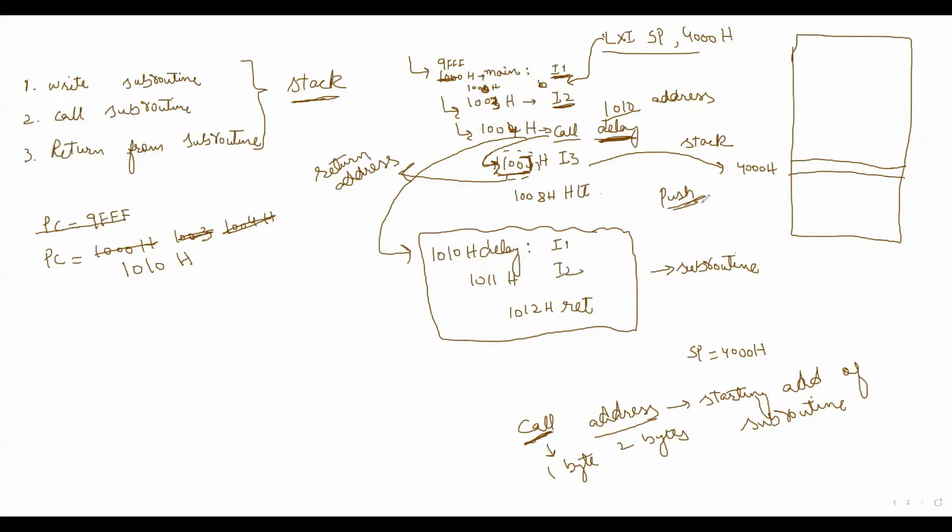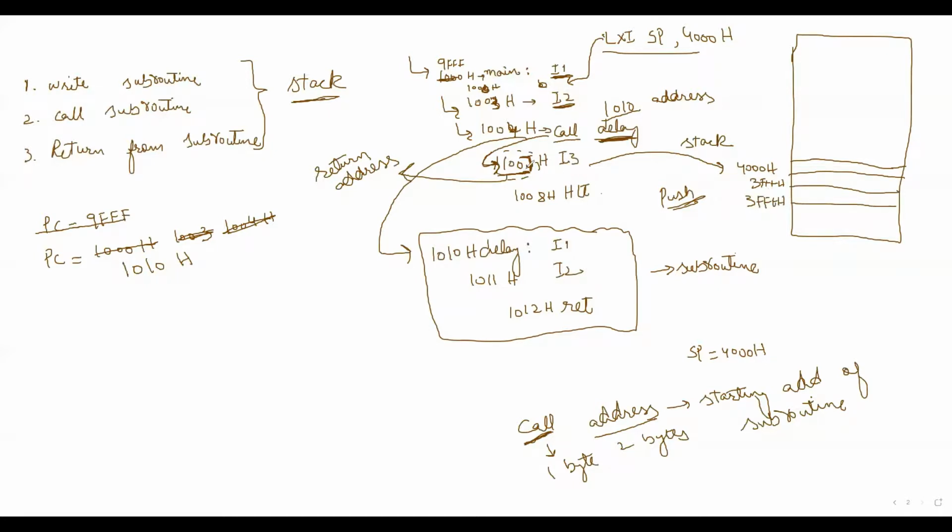And we have already discussed whenever there is a push operation, we will push 2 bytes onto the stack memory, and we also decrement stack pointer by how many times we have to decrement it by? 2 times. So let's suppose this is 4000, it will be 3FFF, and this one will be 3FFE.